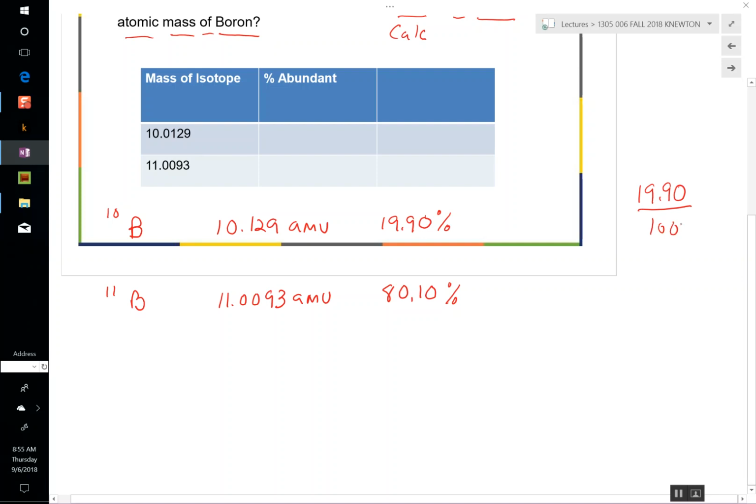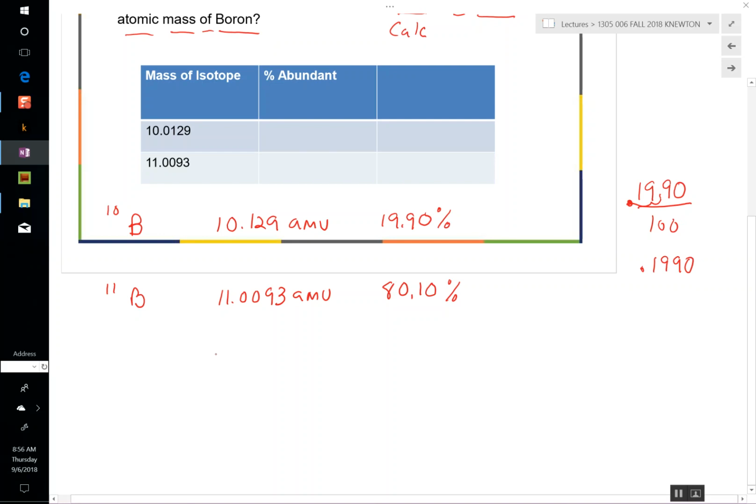Out of 100 of them, 19.9 are that boron 10. So this is going to be 0.1990. All we're doing is moving the decimal point over 2 places to convert it into a decimal. So I'm going to take the atomic mass times the relative amount. You're going to get a number.